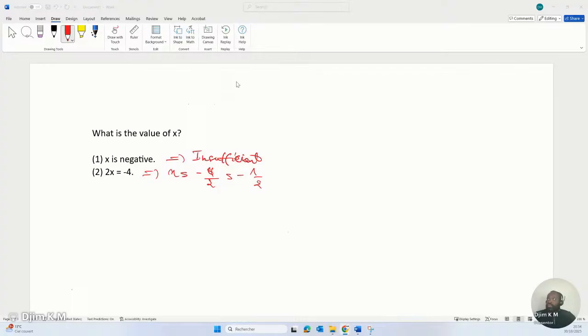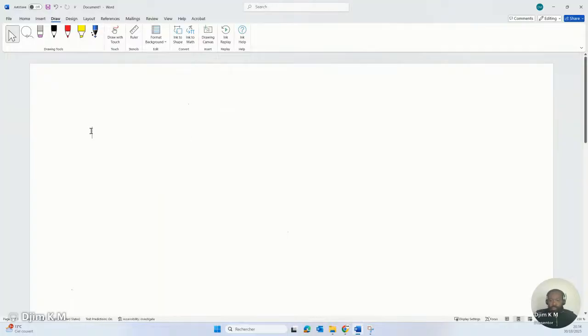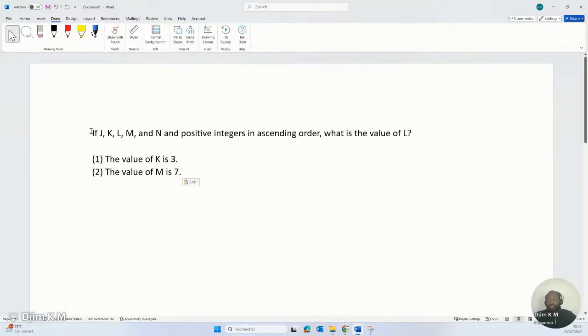Let me take this. So it says if J, K, L, M, and N are positive integers in ascending order, what is the value of L?